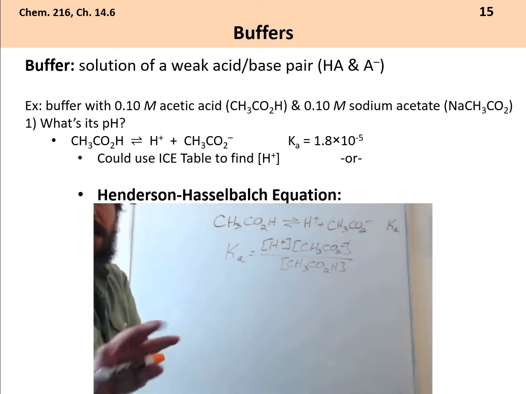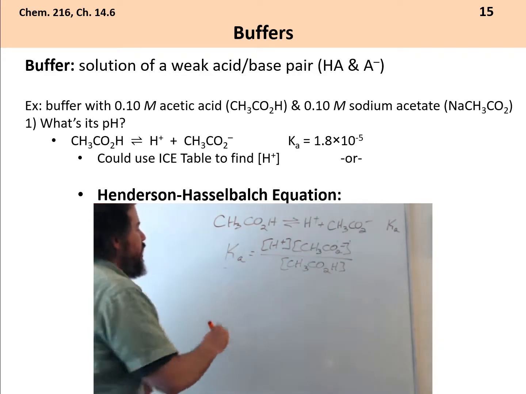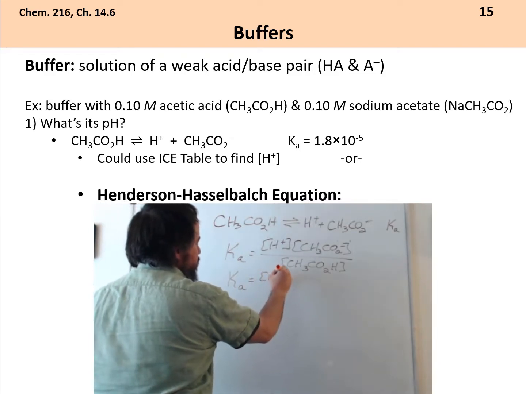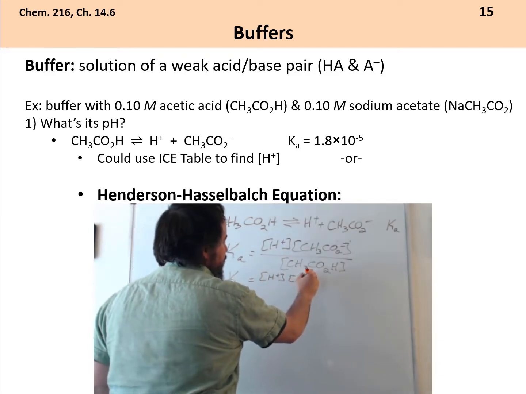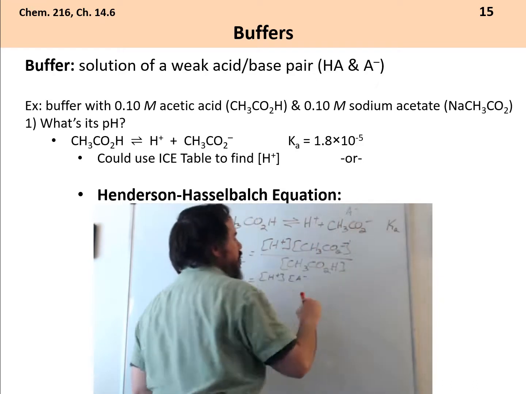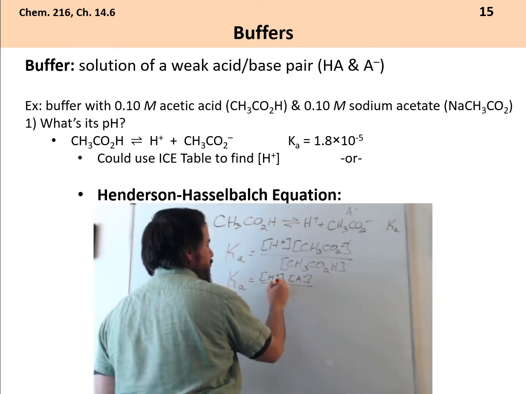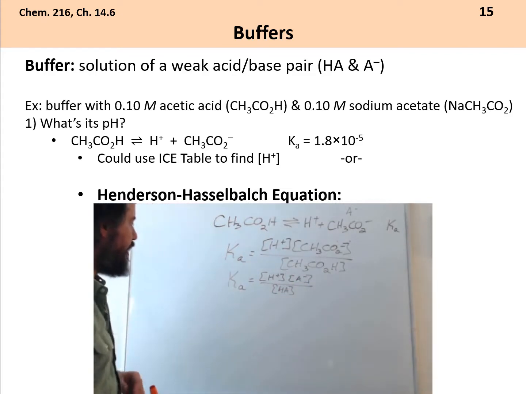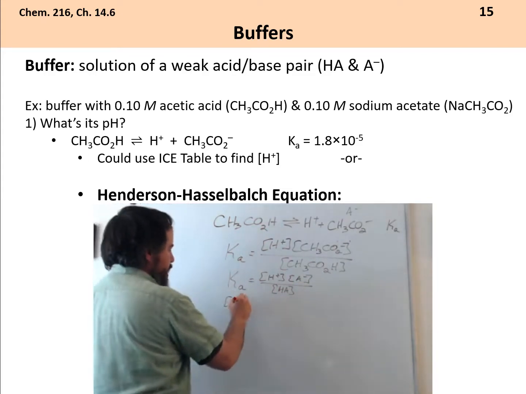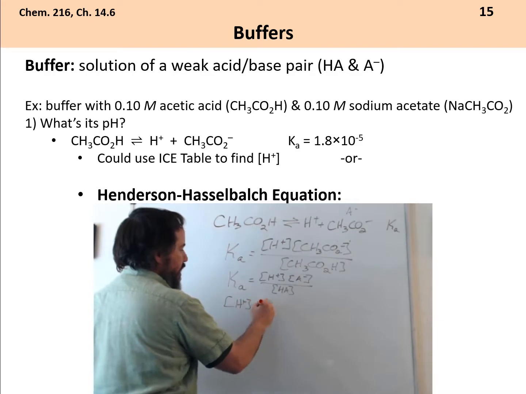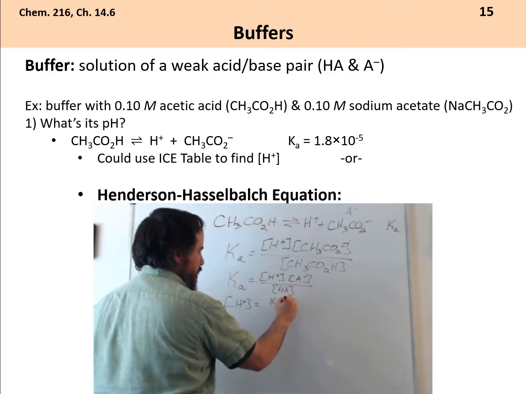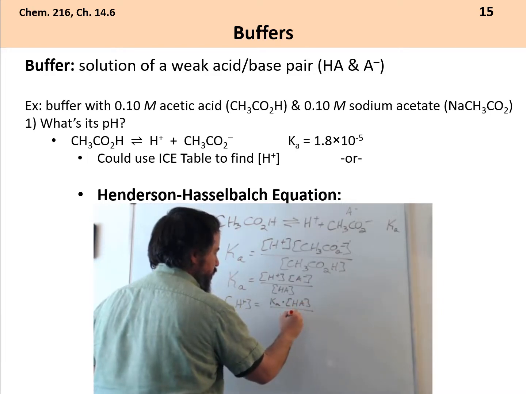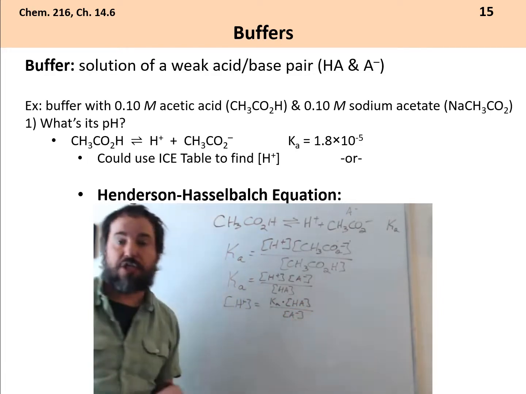Oh, by the way, before I do this, let's go ahead and just generalize this to say Ka equals H plus times this. I'll just call this the base, and I'll call this the acid. Okay? And let's rearrange this for H plus. So H plus is going to be Ka times the concentration of HA over A minus. Okay, I just rearranged it.